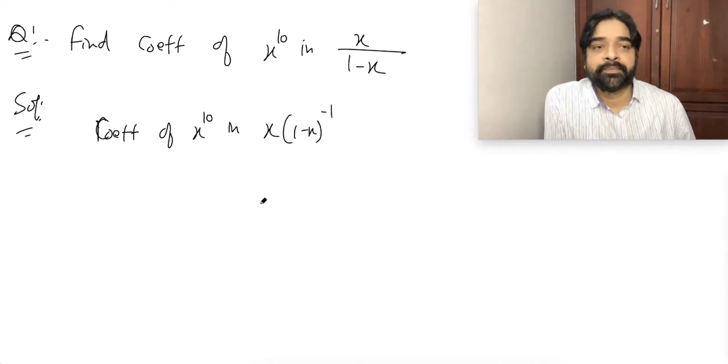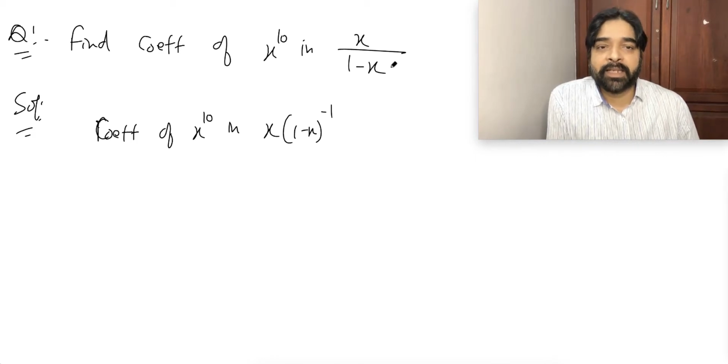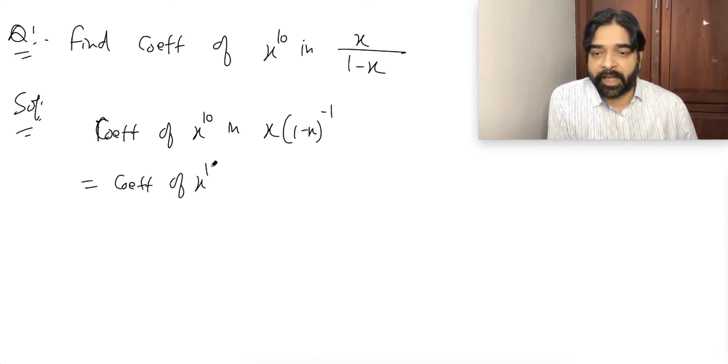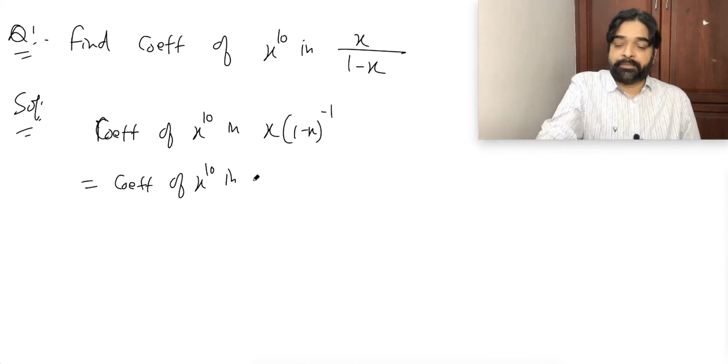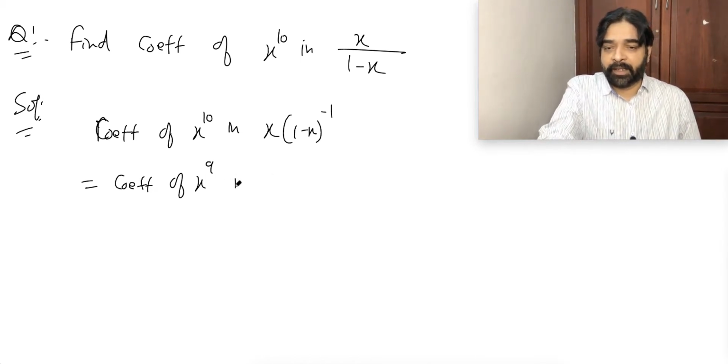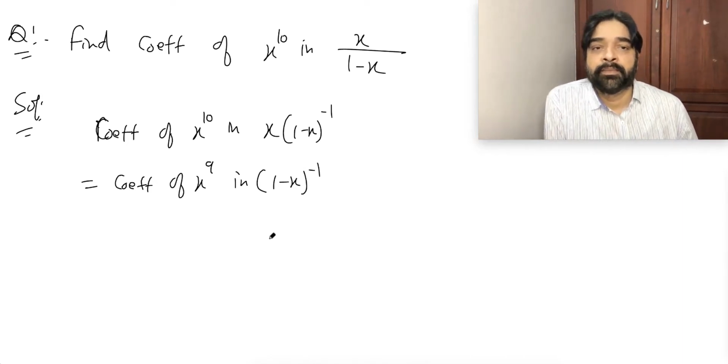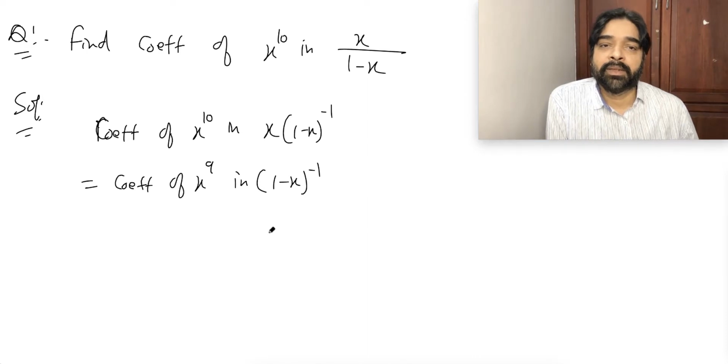Can I? (1 - x) in the denominator, it will become 1 minus x power minus 1. That is equal to the coefficient of, sorry, x^9 in (1 - x)^-1. Yes or no? Right? x into (1 - x)^-1. So, coefficient of x^10, x is already here. So, I want only x^9 from here. Have you understood? So, what will come?